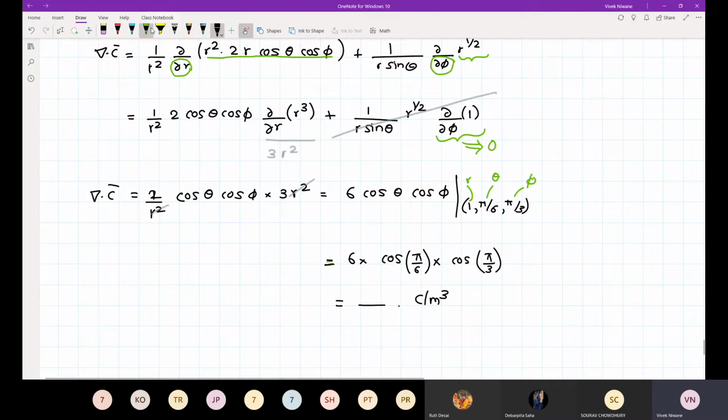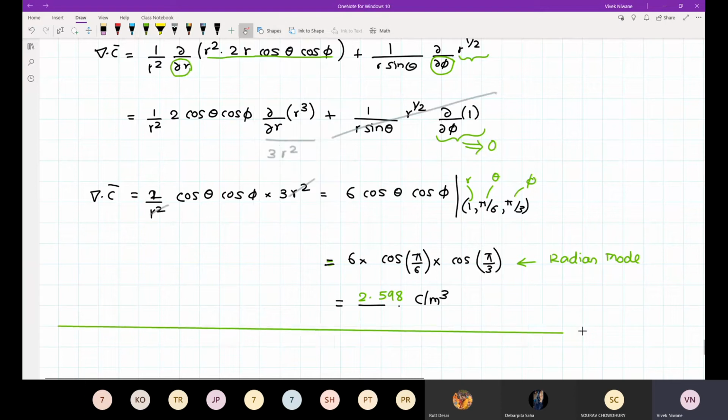Whenever you do this calculation on a calculator, make sure that your calculator is in radian mode, not degree mode, otherwise your calculations will be wrong. After solving you will have nearly 2.598. If your answer comes between 2.3 and 2.7, your answer will be considered correct. You have that kind of liberty when solving the numerical.